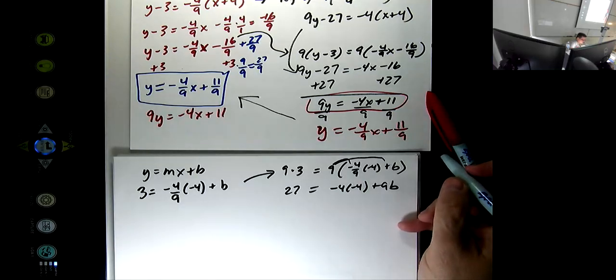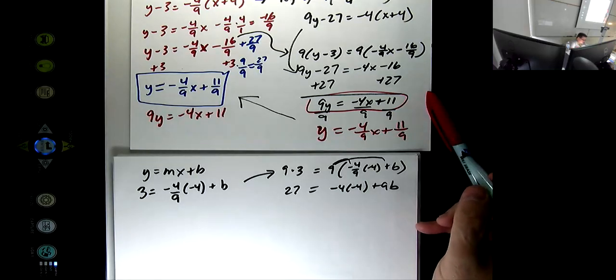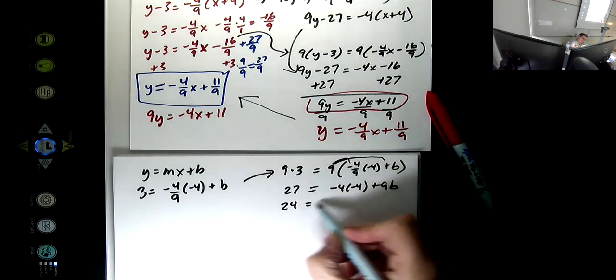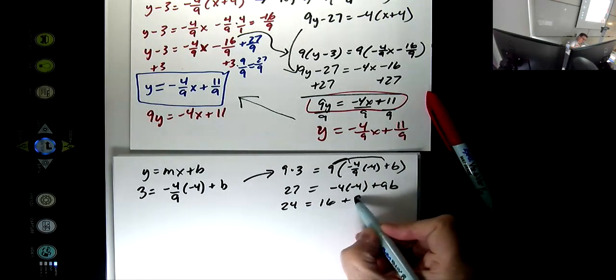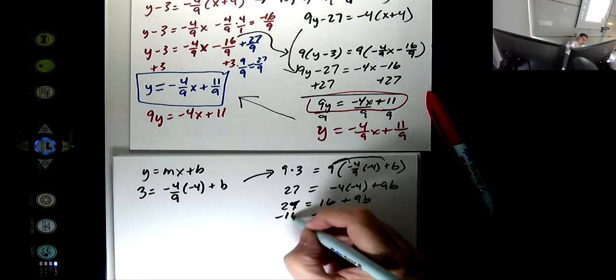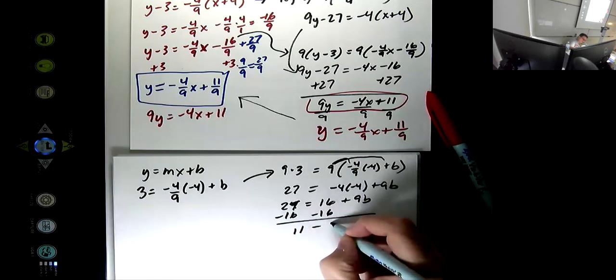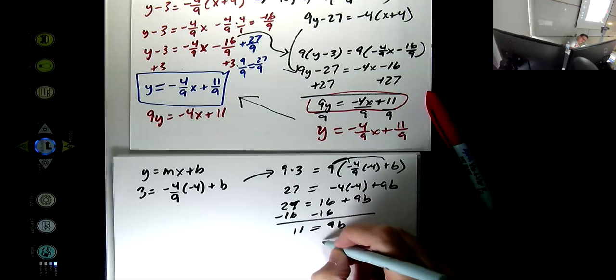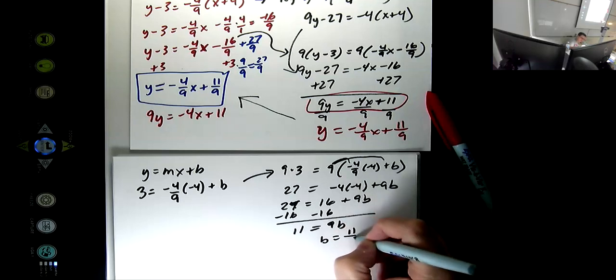I think it's easier just to get a common denominator right away. Here you would have 27 equals 16 plus 9b. Subtract the 16, we get 11 equals 9b. Divide by the 9, and we get b equals 11/9.